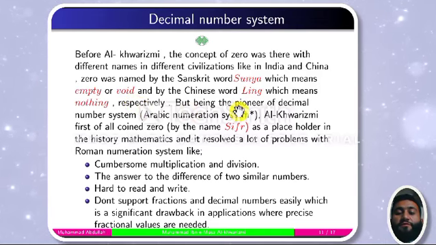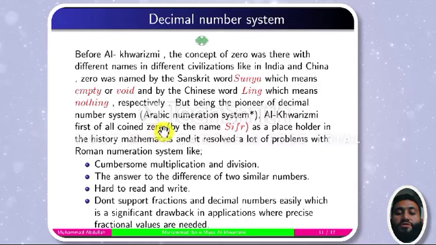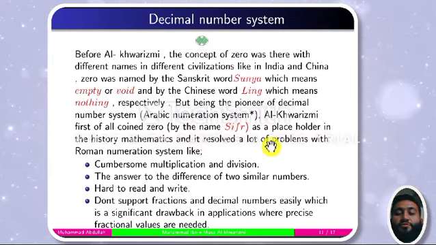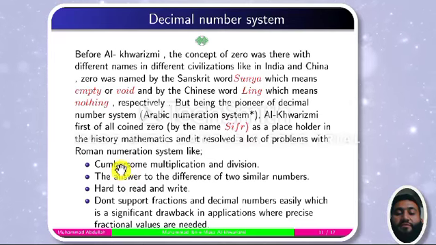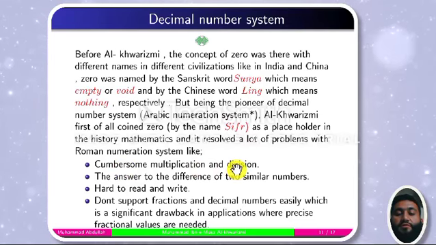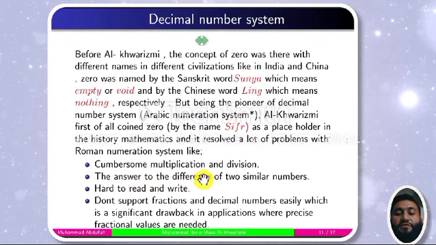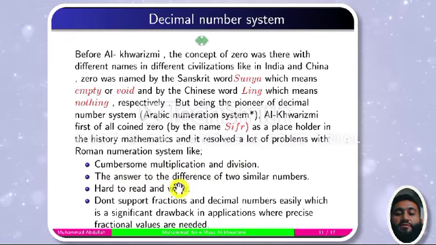But being the pioneer of the decimal number system or Arabic numeration system, Al-Khwarizmi first of all coined zero by the name cipher as a placeholder in the history of mathematics, and it resolved a lot of problems with the Roman numeration system, like cumbersome multiplication and division, and the answer to the difference of two similar numbers.